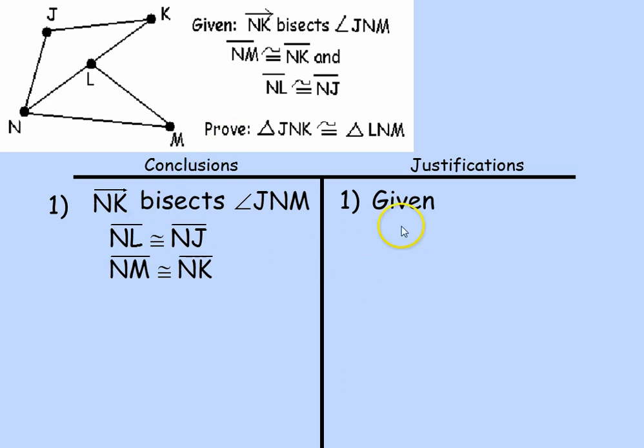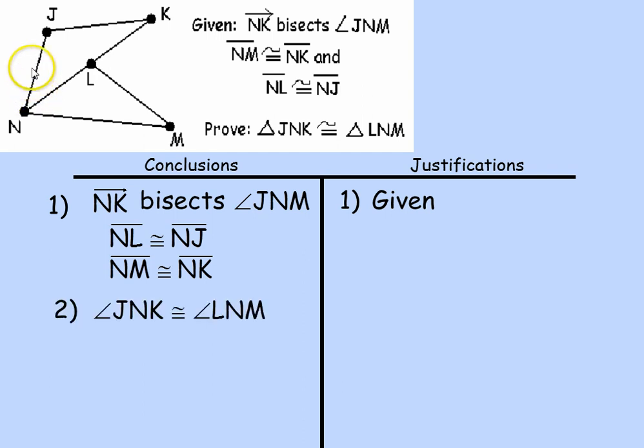So all that information is given to us, and the next thing I can say is about this angle bisector, NK. Since this ray separates or bisects this angle JNM, I can say that this angle right here and this angle right here are equal.